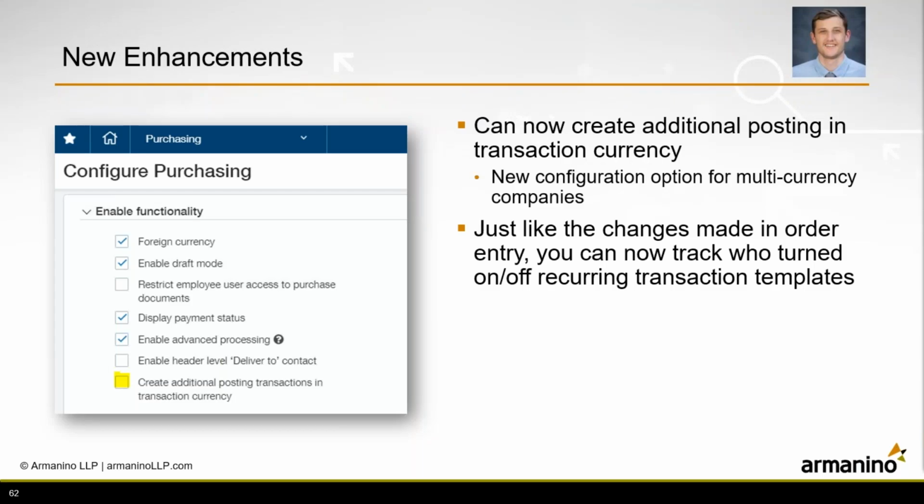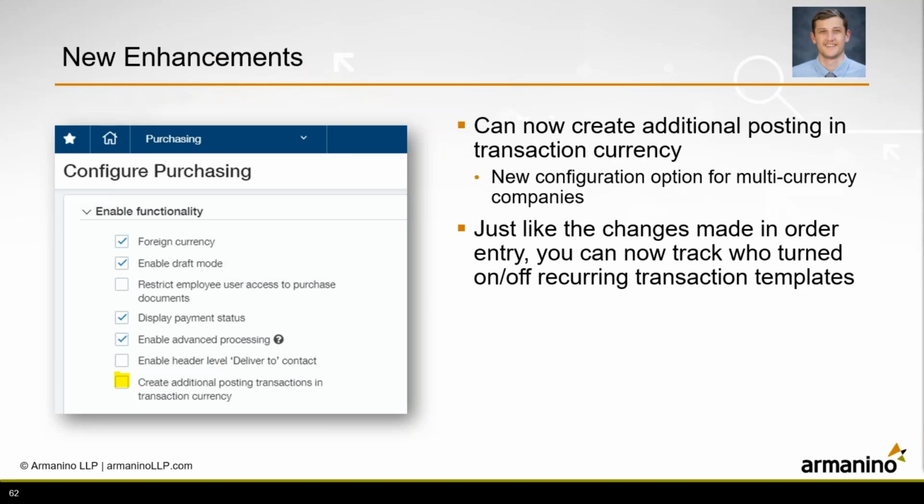Okay, thank you. So purchasing, kind of like order entry, has a few new enhancements. The first of those is the ability to create an additional posting in a transaction currency. This is a new config option for multi-currency companies only, so that additional postings are posted in the transaction currency and not the base currency.